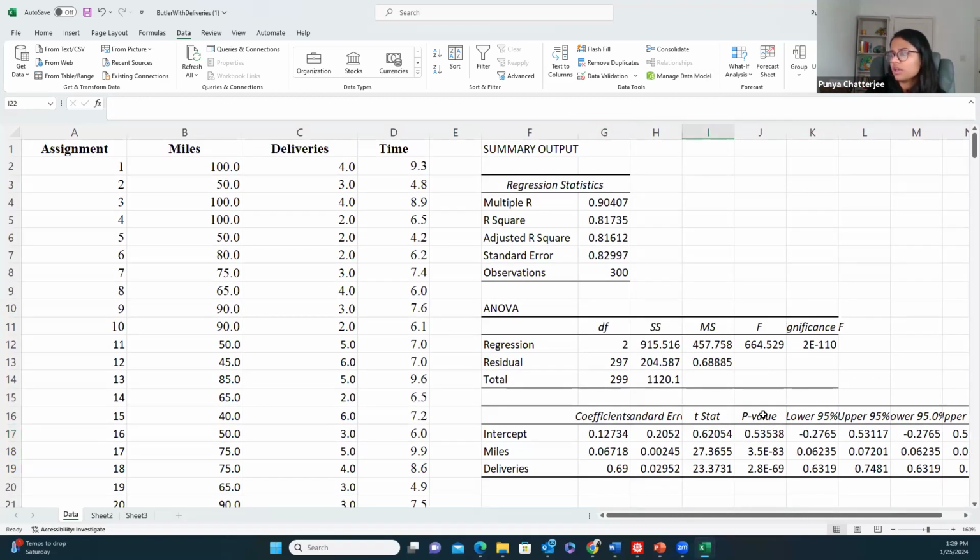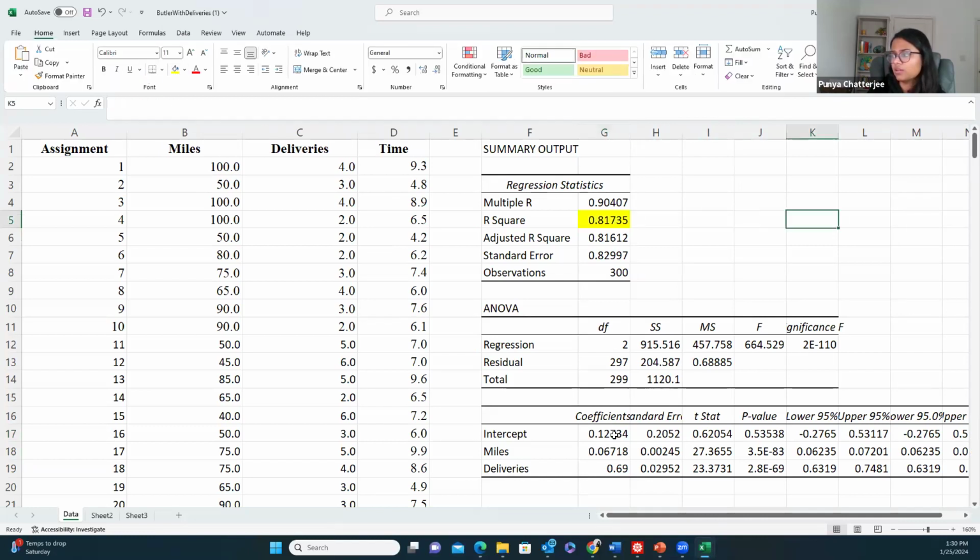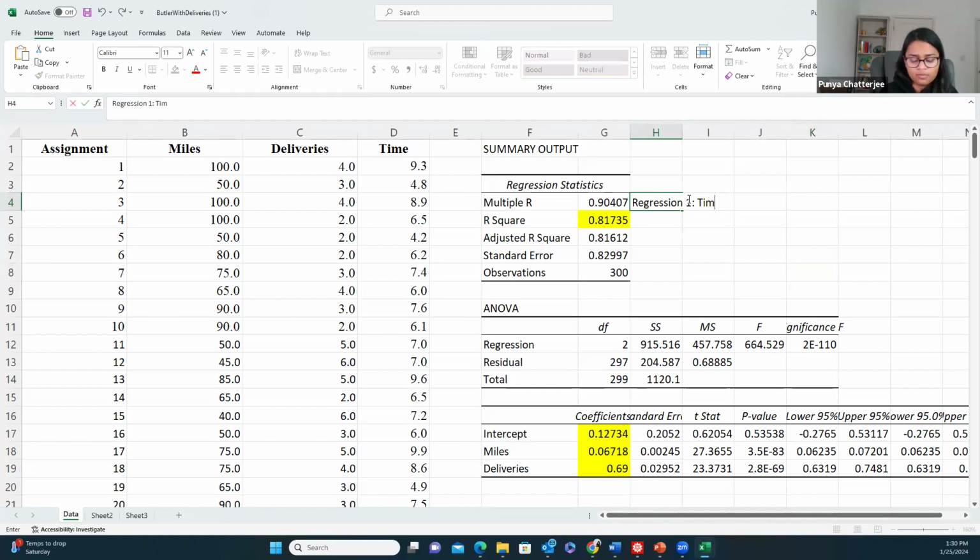All right, so in your output, today we're gonna talk about two things. One is the R-squared, and the other are these coefficients. So, do we remember, or can anyone pull up your workbook from the last class where we did our first regression, and that regression was time versus miles.